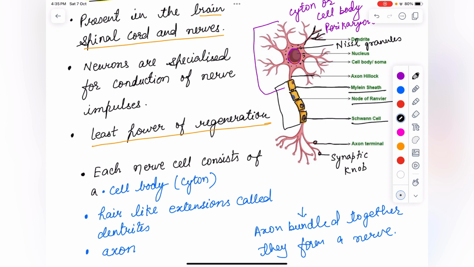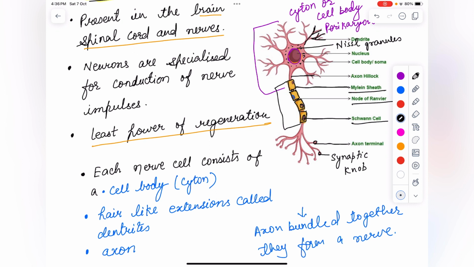This cyton will have nucleus, cytoplasm, with deeply stained particles called the Nissl granules. That is ribosome and rough endoplasmic reticulum. Next, these are dendrites. Dendrites are afferent processes because they receive impulse from receptor or other neuron and bring it to the cyton.